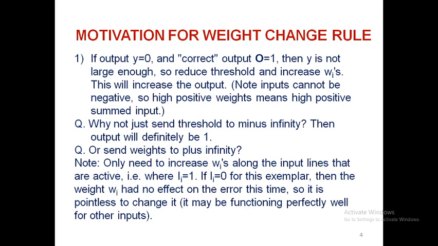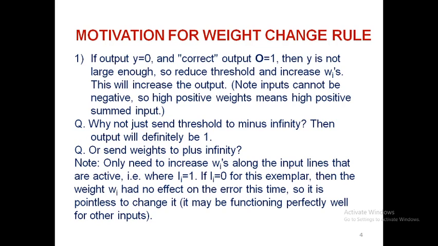But here we need to understand one thing: we only need to increase the weights along the input lines that are active. That means, for the input lines that are active, only the associated weights we need to increase.